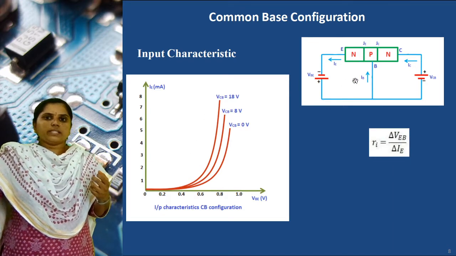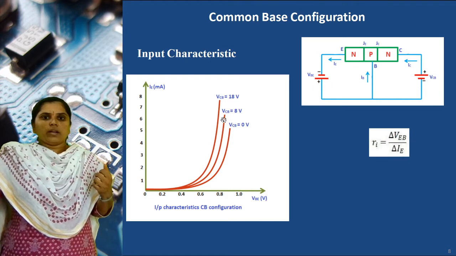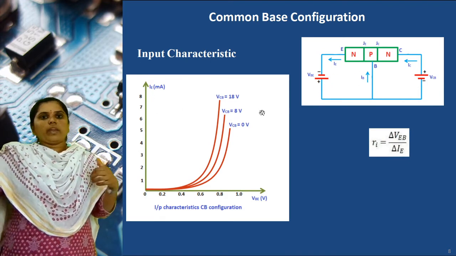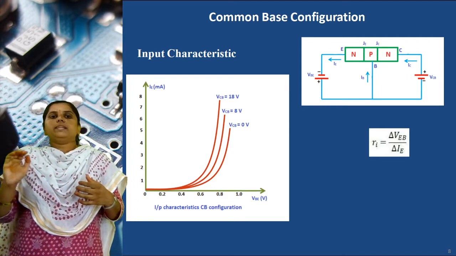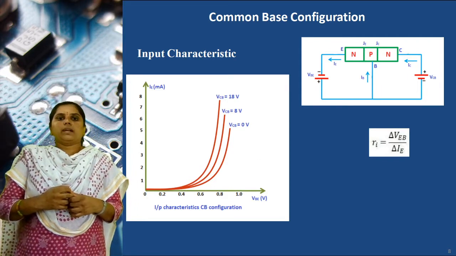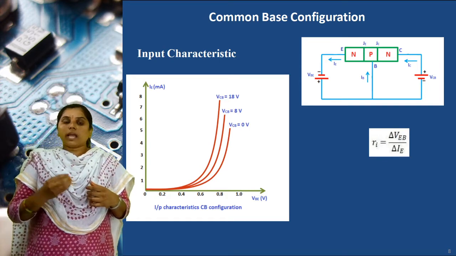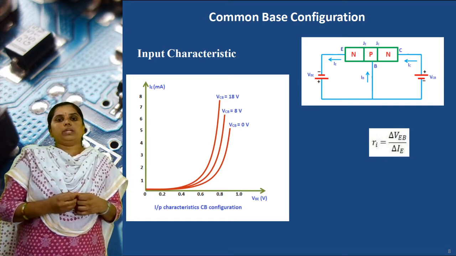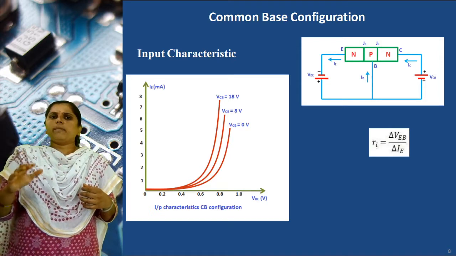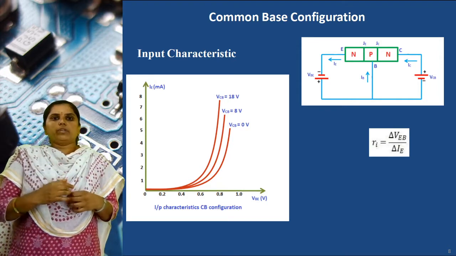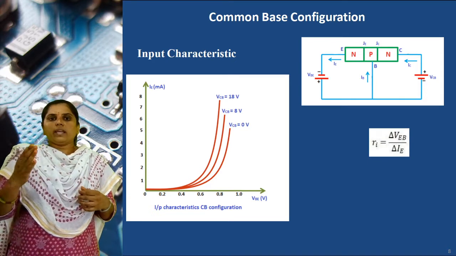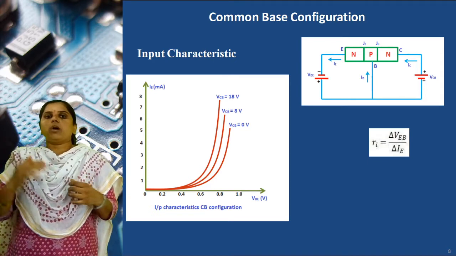Okay, so see here, then what happened in the circuit? When we are calculating the input characteristics, the output voltage is kept constant. Okay, when we are calculating the input characteristics for any configuration, common emitter, common collector, the output voltage is kept constant.